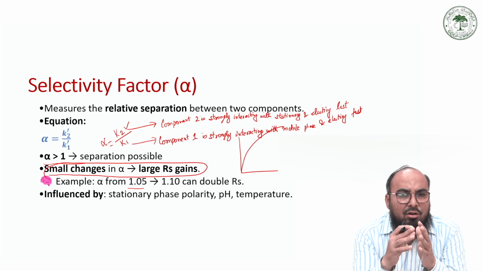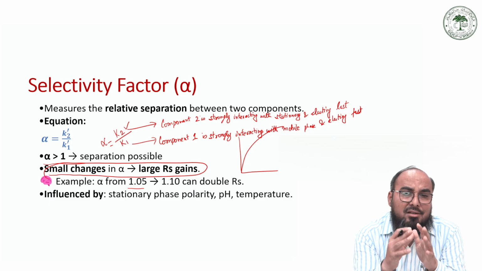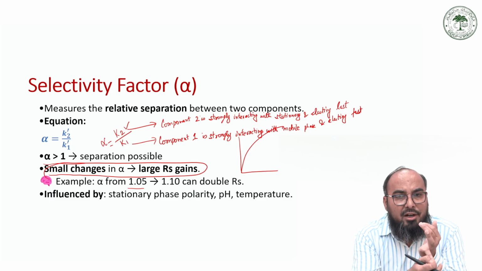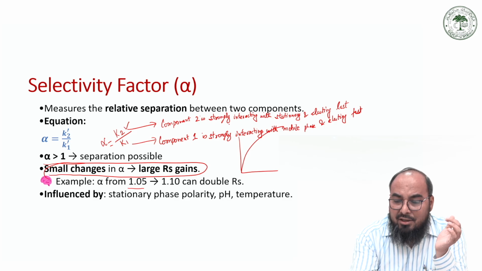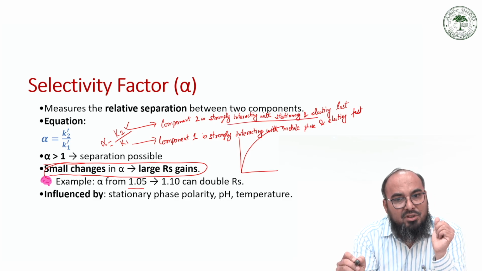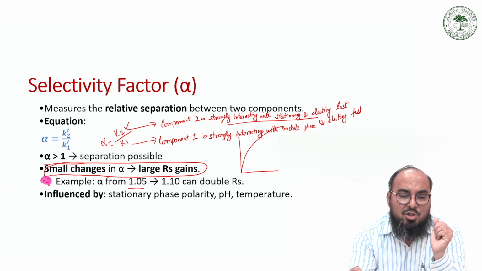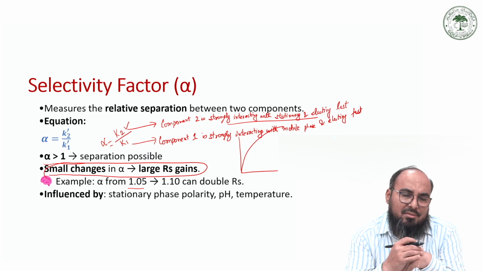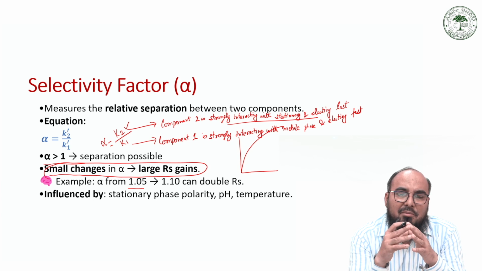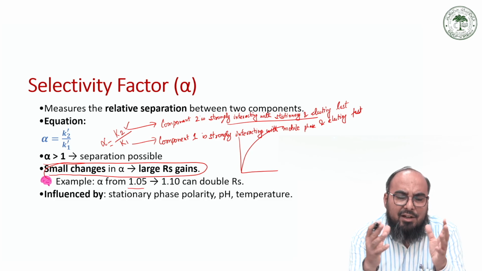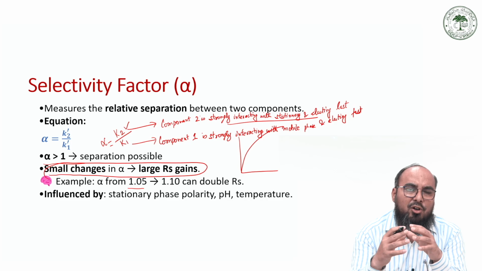So now the question arises, on what factors does the selectivity factor depend? It depends upon the stationary phase polarity, because it is the interaction with the stationary phase. Similarly, the interaction with the mobile phase, the pH. For example, if you have an acid-base system, then pH comes into play, because the moment you increase the H plus ions or OH minus ions, it will have an effect on the separation of different components.